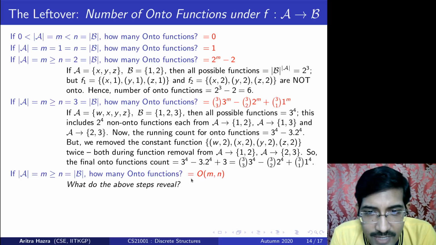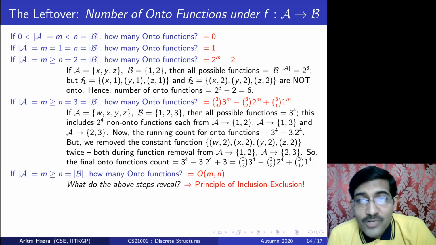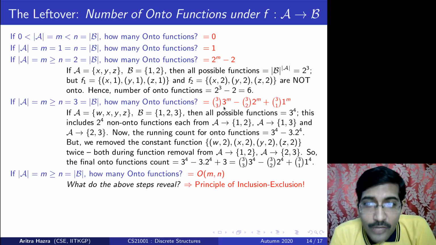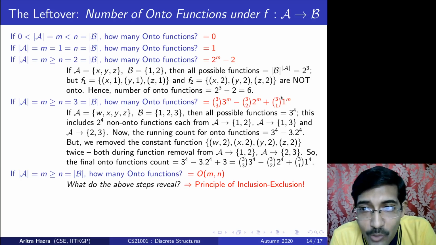If we say that the number of onto functions is O(m, n) from a set of size m to n, what we are smelling is the principle of inclusion and exclusion. We are including all functions, excluding the functions that are not qualified. If we excluded more, we include it again, and this process will continue.